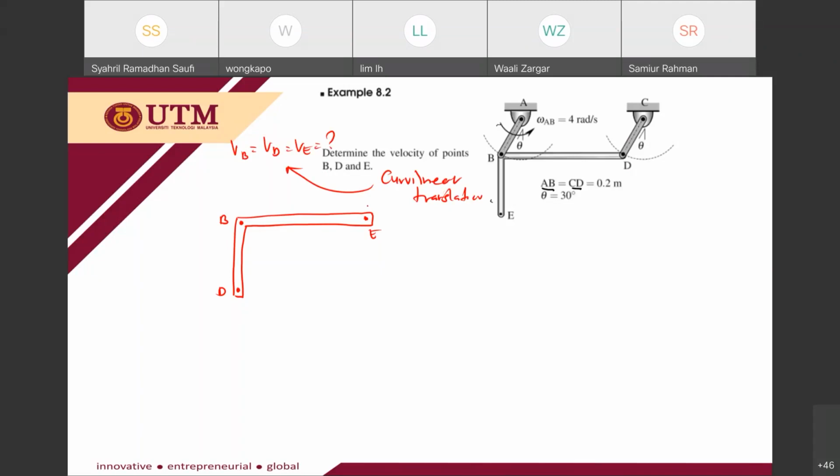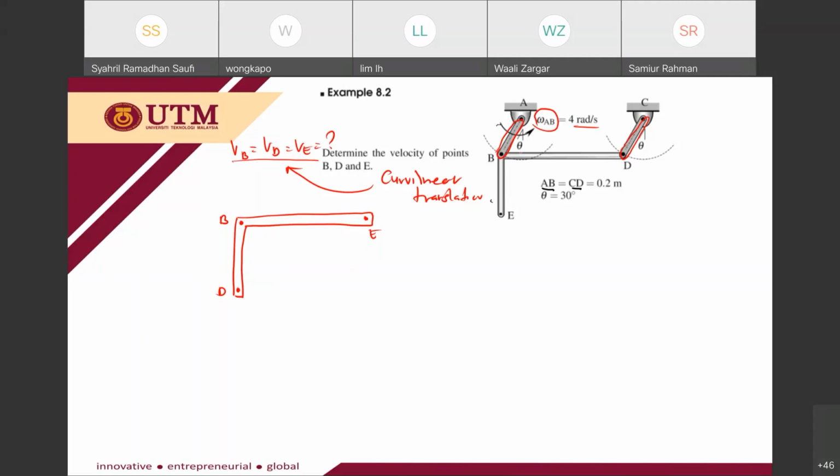How to determine the velocity on member BDE? I need to use the arm information. I have the information from the arm, which is omega AB, 4 radian per second, because this arm is rotating. Arm AB is rotating, arm CD also is rotating, and both arms have the same length.